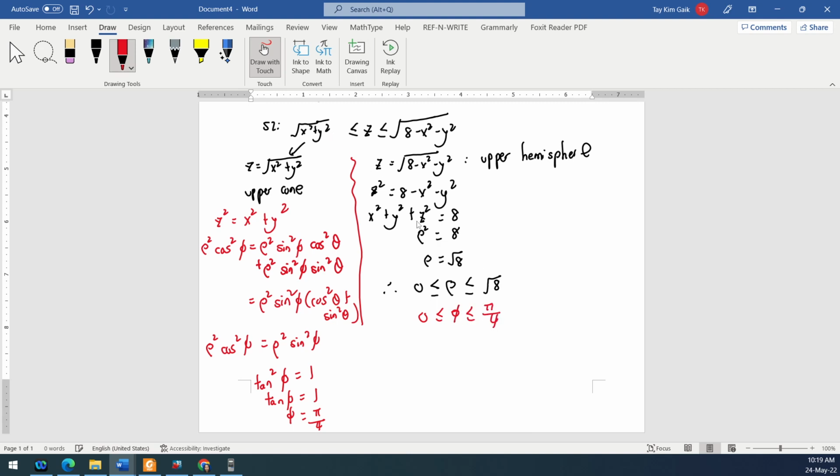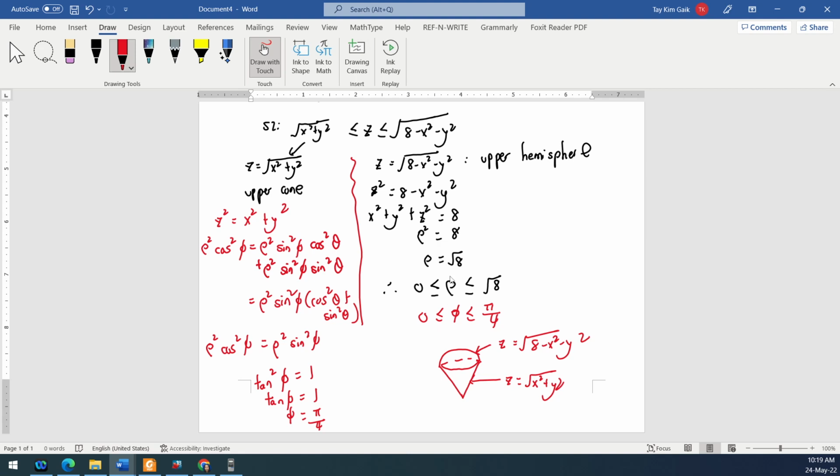From the limit of z, the solid is actually an ice cream cone, where the bottom surface is z equals square root of x squared plus y squared, and the top surface is the upper hemisphere, z equals square root of 8 minus x squared minus y squared. That's why rho is the radius of the upper hemisphere, and phi is determined by the equation of the cone.